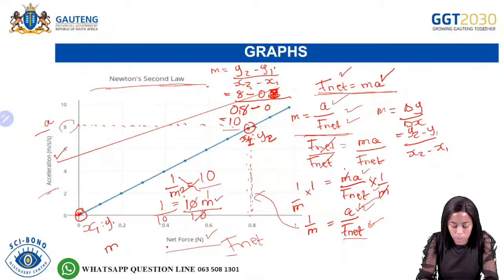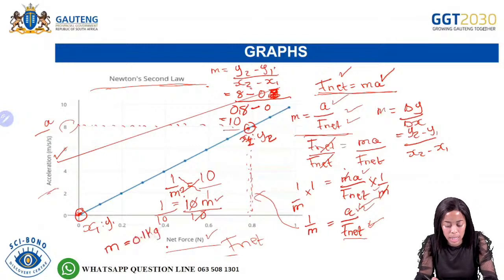So your mass in this case would be represented by 0.1 kilograms. Why kilograms? Because remember we said that the unit for mass is kilograms.